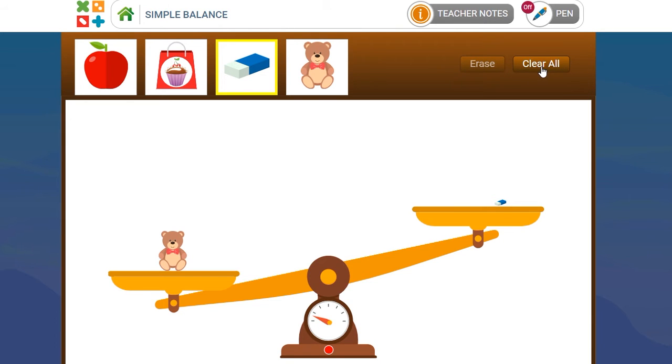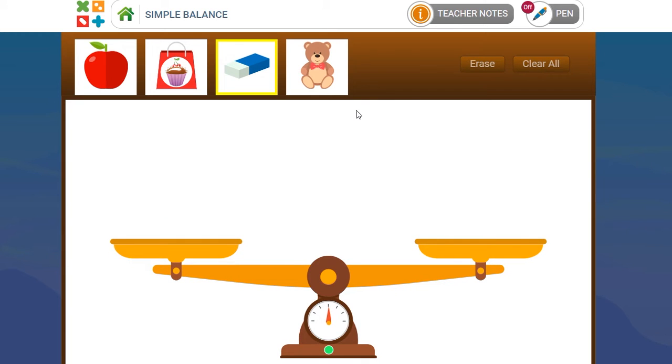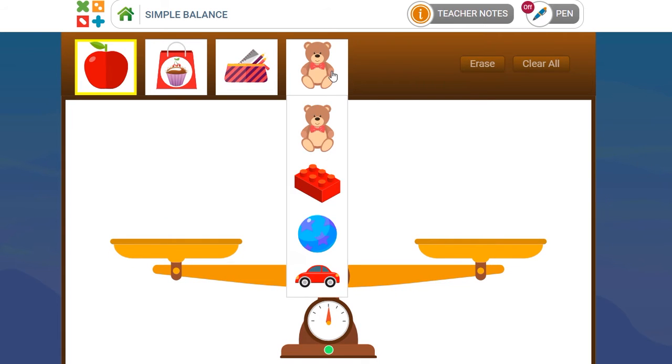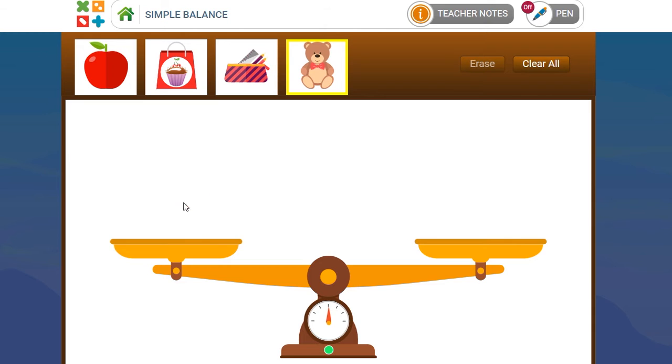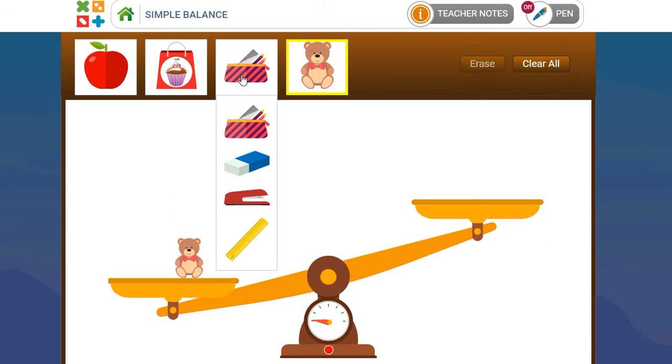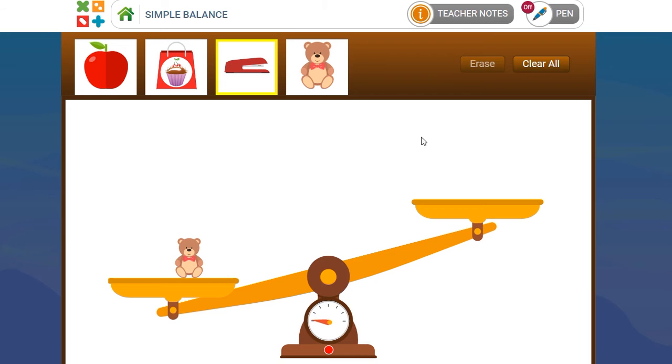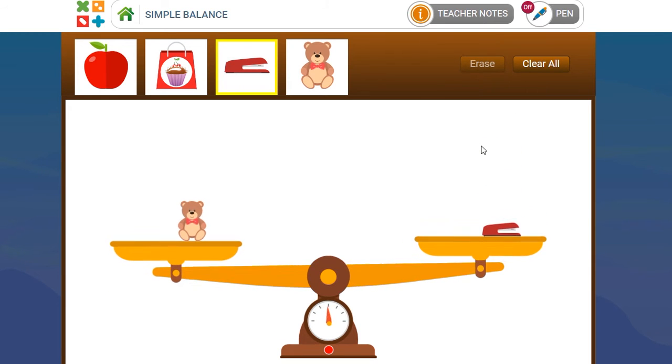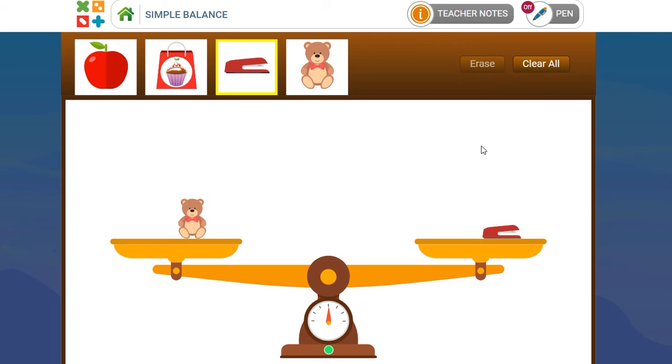So if we clear the screen, next is to find an object that is the same weight as teddy. For example, I do know that the stapler is the same weight as teddy, but the children themselves would have to experiment by making direct comparisons and putting various objects up and down onto the balance, and then recording the equalities or the inequalities between both.